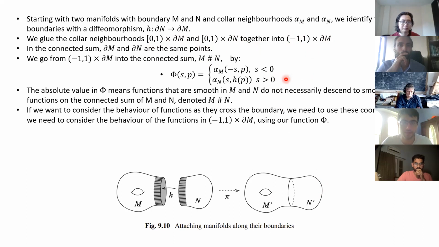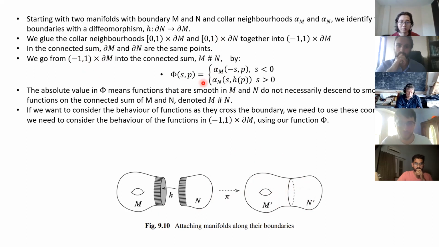That's a general thing you can do in topology without worrying about the neighborhoods, but to actually have functions and a smooth structure, you need to have charts for the neighborhoods of the boundary. The way you do that is, if you consider this -1, 1 across the boundary, if s is less than 0, you're in this neighborhood of the boundary, and the coordinates are that you flow into the left of m for some time s along this pre-existing collar neighborhood, and if s is greater than 0, you flow into n.